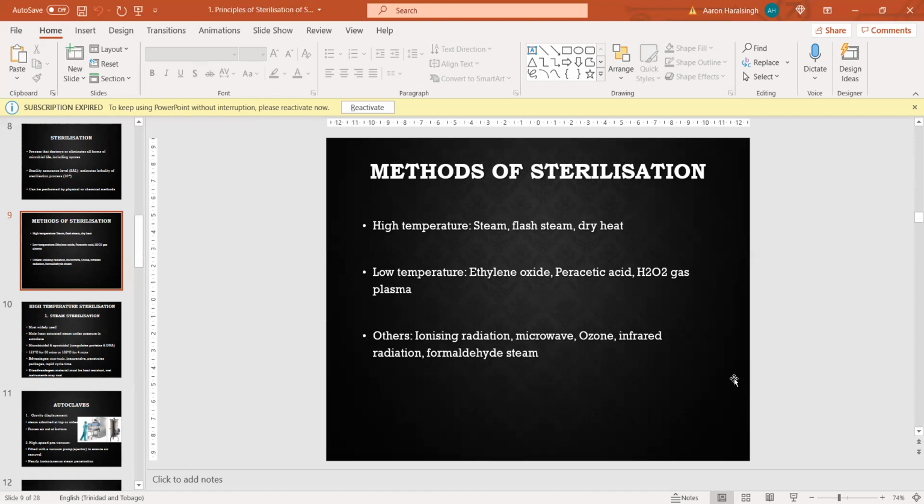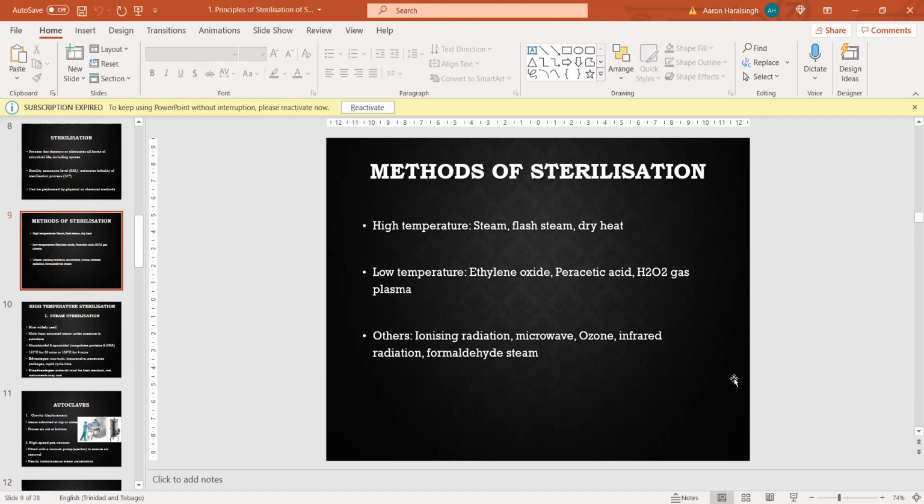Just to backtrack a little bit, the radiation methods serve to cause ionization of nucleic acids, leading to the destruction of those nucleic acids and ultimately death of the microorganisms. And the filtration methods actually don't kill microorganisms, they just remove microorganisms.